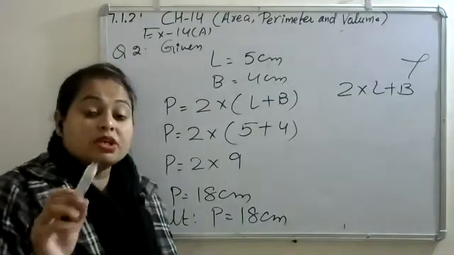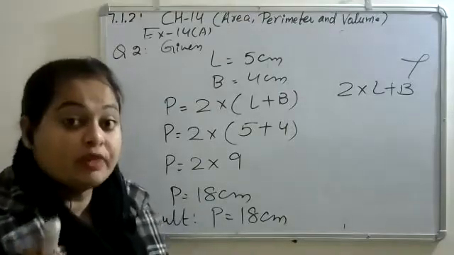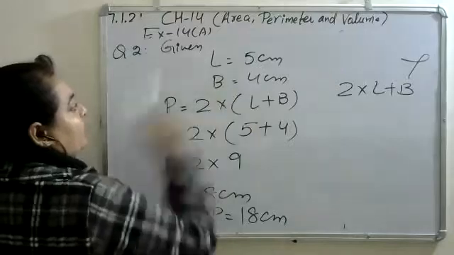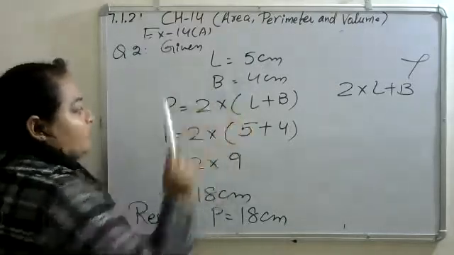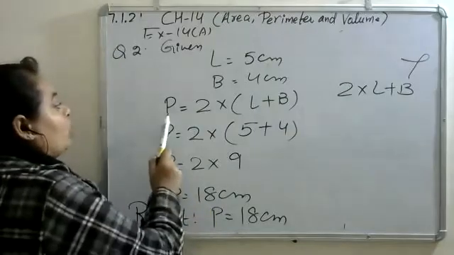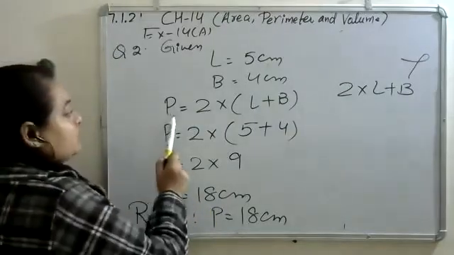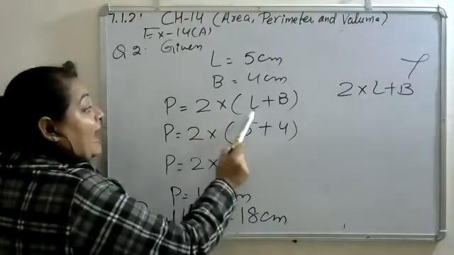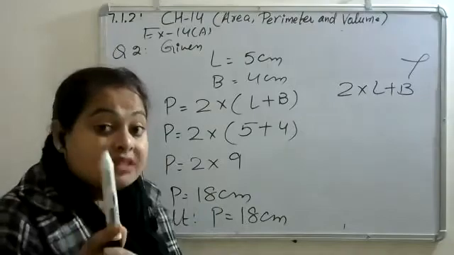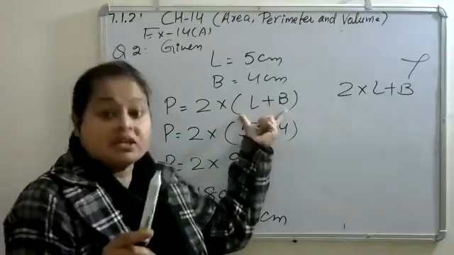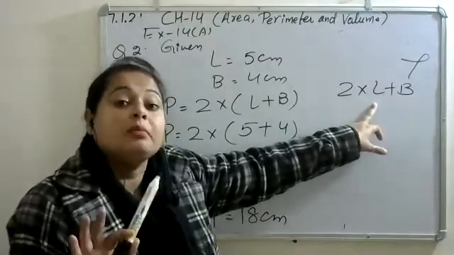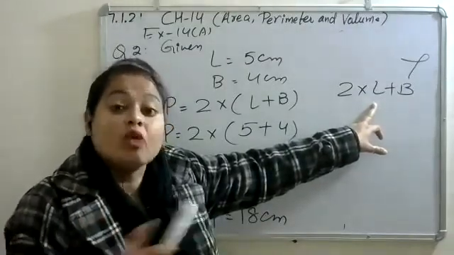So like this, you will solve the sum. Very much compulsory to write the given information. Given length 5 centimeter, breadth 4 centimeter. Then very much compulsory to write the formula of perimeter. Perimeter is 2 multiplied by (L plus B), length plus breadth. If you do not use the bracket, your formula is wrong.